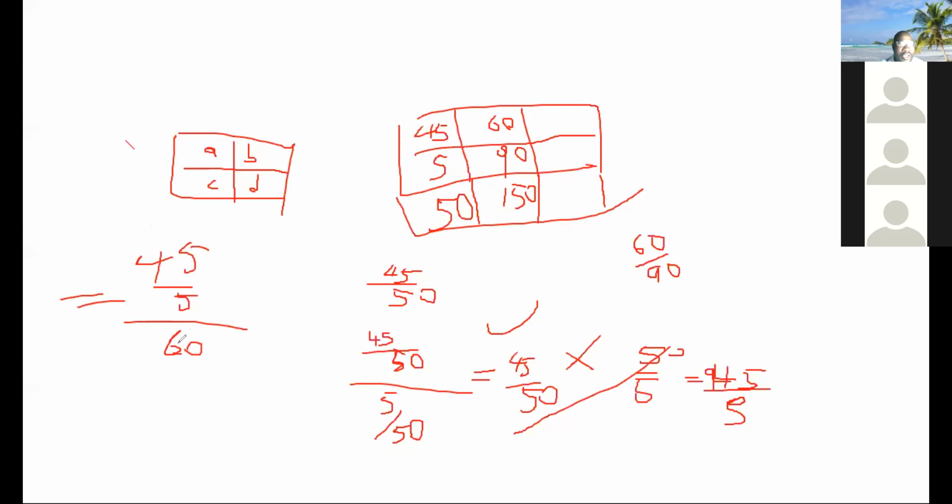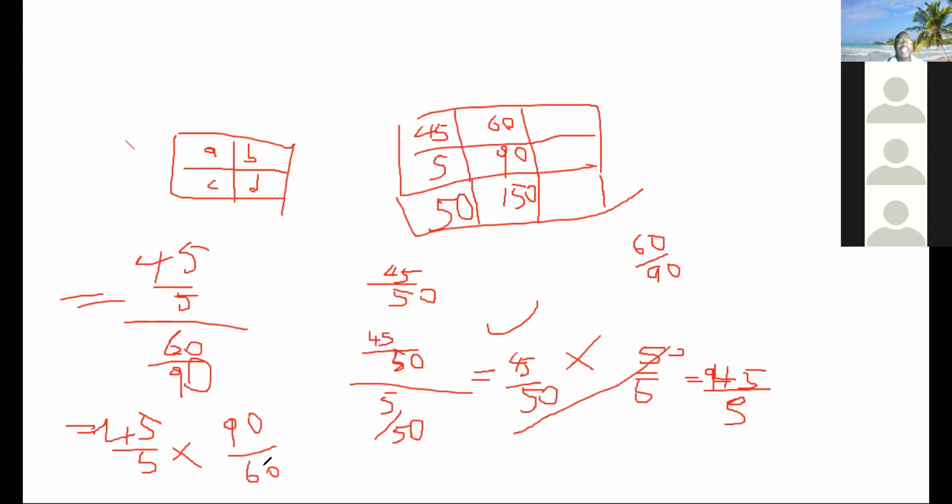So if you do the change of subject formula again, it will give you 45 over 5 times 90 over 60. So that's where that formula comes from.